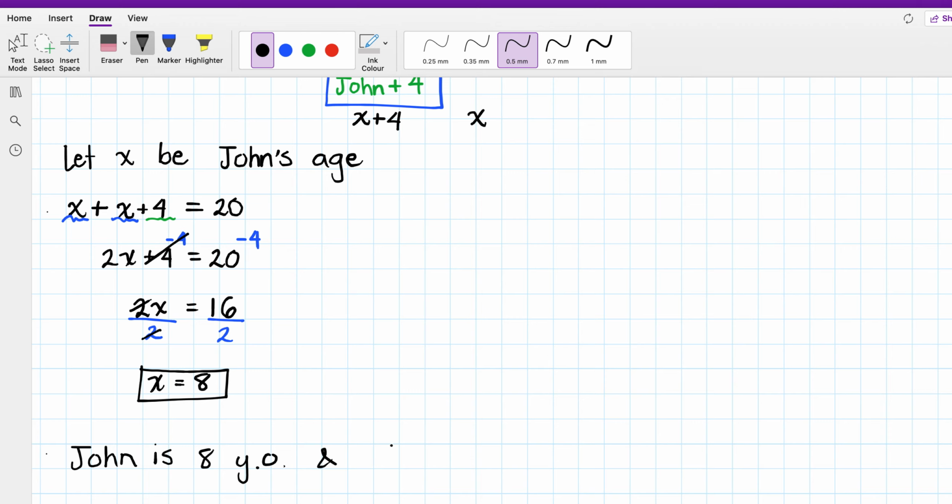And Paul is, so if John was 8, Paul was 8 plus 4, and Paul is 12 years old. And that's the answer for that question.